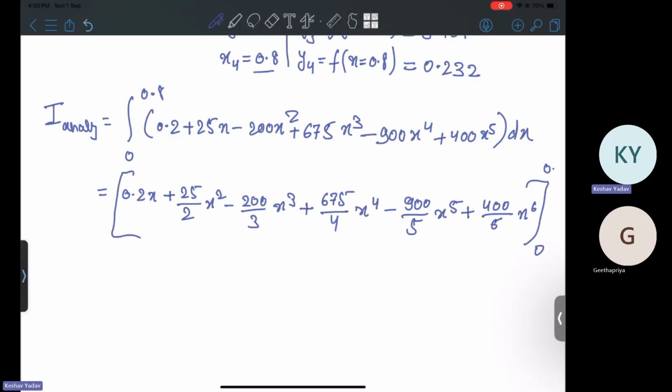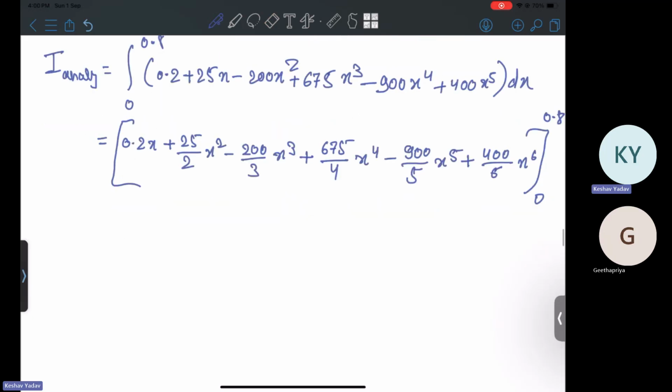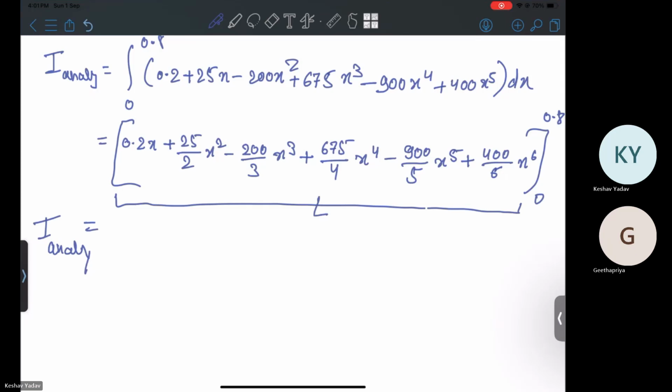The limit goes from 0 to 0.8. If you put 0, it will be 0, so we just need to find this expression's value at x equal to 0.8. Can you tell me the value?